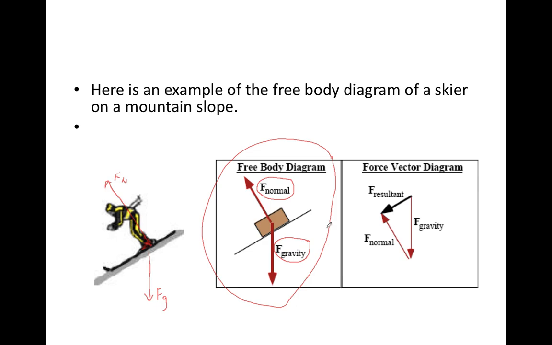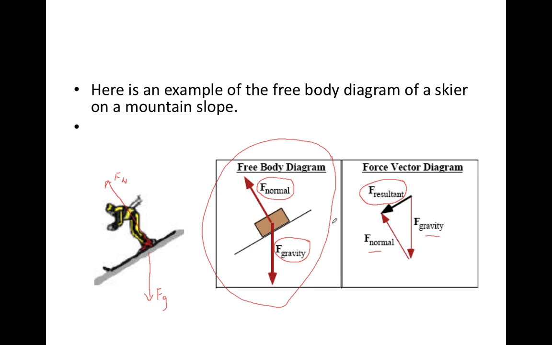And if we resolve the two forces and add them head to tail, as you learned to do in the past, the resultant force, the net force, is acting parallel down the slope. That resultant force is the sum of F_g and F_normal together, and it is what causes the skier to travel down the slope.